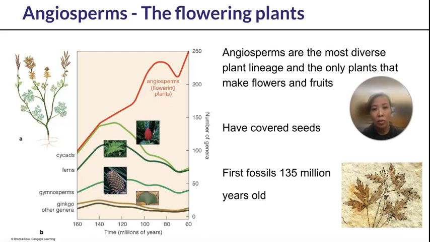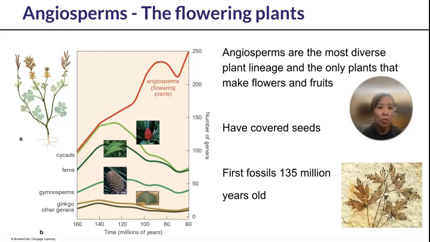These are the only plants that can actually make flowers and fruit, and so their seeds are no longer naked; their seeds are now covered. There are roughly 6 times more plant species that are angiosperm compared to all the other plant groups combined.